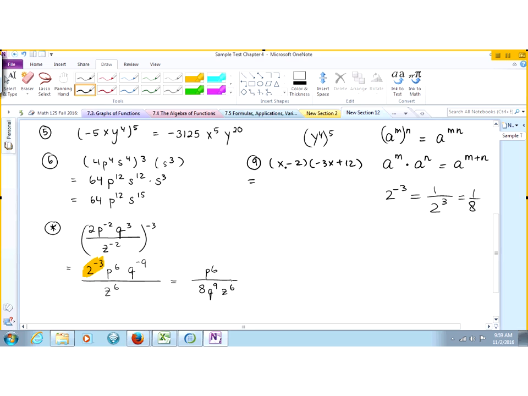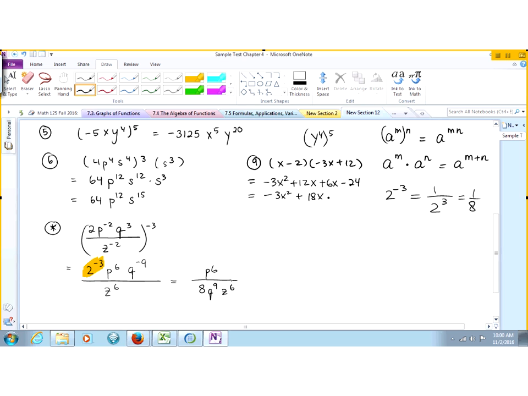So what would you do here? FOIL. How do we do the FOIL? First is -3x squared. Outside is plus 12x. Inside, plus 6x. Last, okay, good.